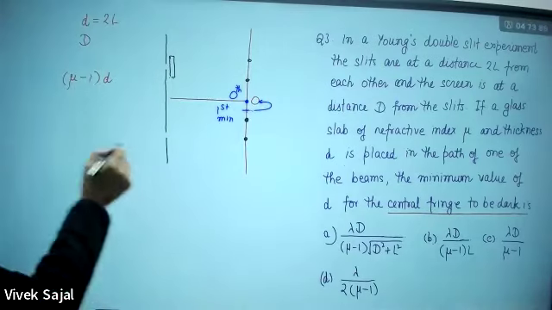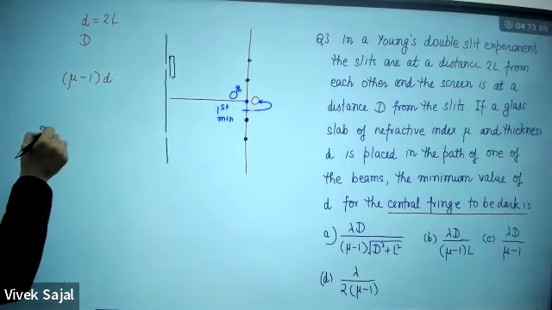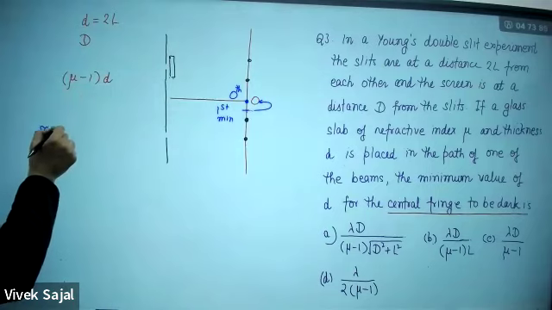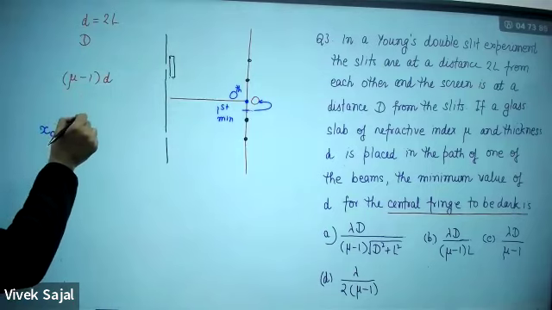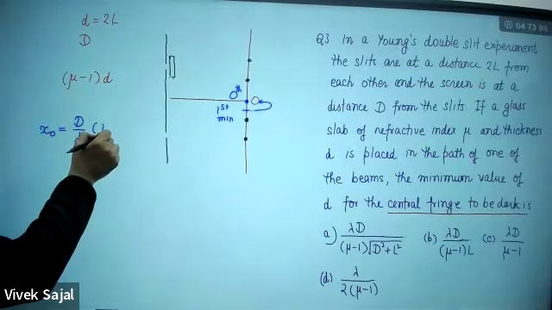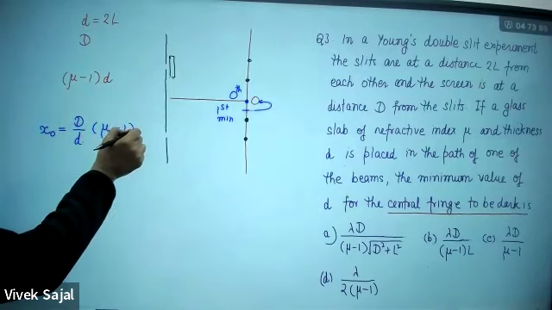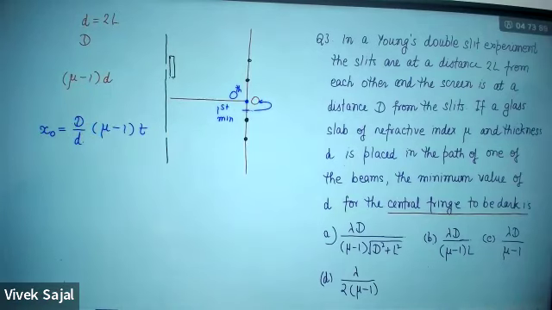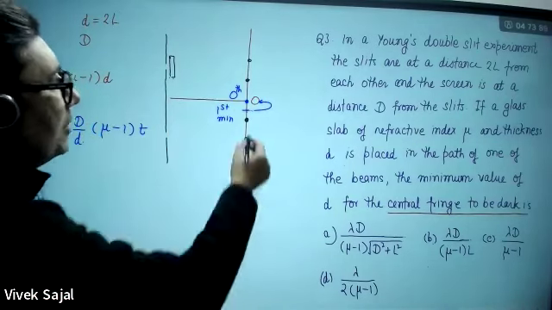So this will be x naught. Even I can tell you directly, but I'm writing the same formula: d by D, and this will be mu minus 1 into t. Now, how much shift is this?